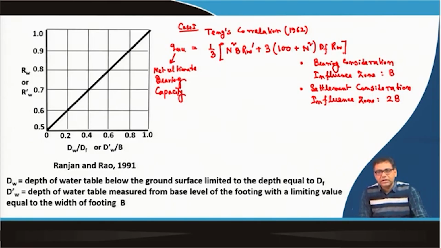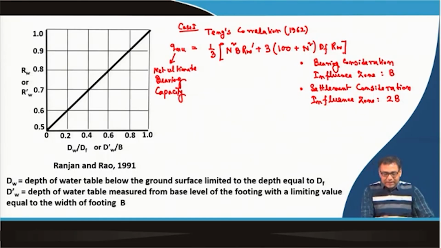The Teng correlation considers only the bearing capacity. So our influence zone will be B from the base of the foundation, and for the allowable bearing capacity where the permissible settlement is given, since settlement is involved, the influence zone will be twice B. Remember that.